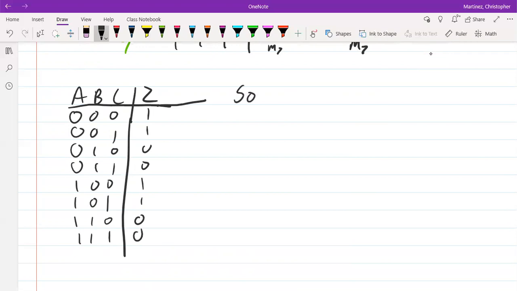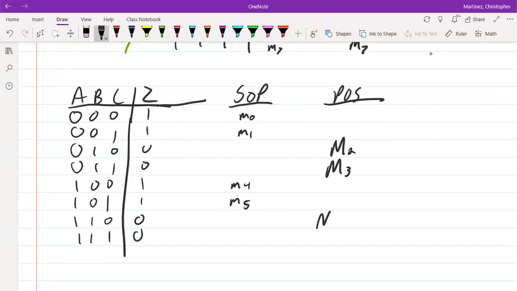So I want sum of products. I'm looking at the ones, and I'm going to say which minterms make up that. That's little m0. 001 is little m1. The next one would be little m4, little m5. If I want product of sums, what am I going to look for? I'm going to look for where there are zeros, and those are capital M's. Big M2, big M3, big M6, big M7.